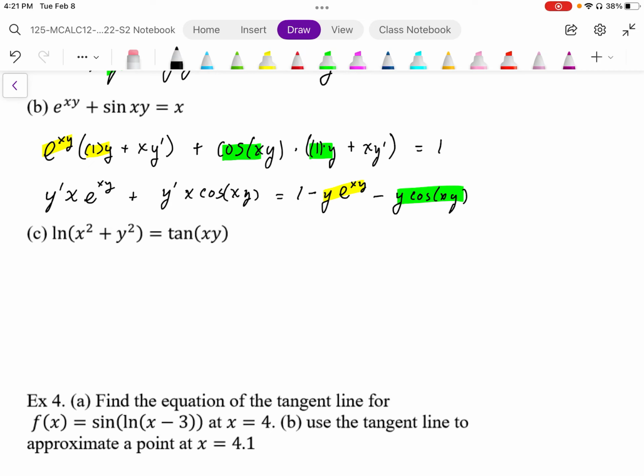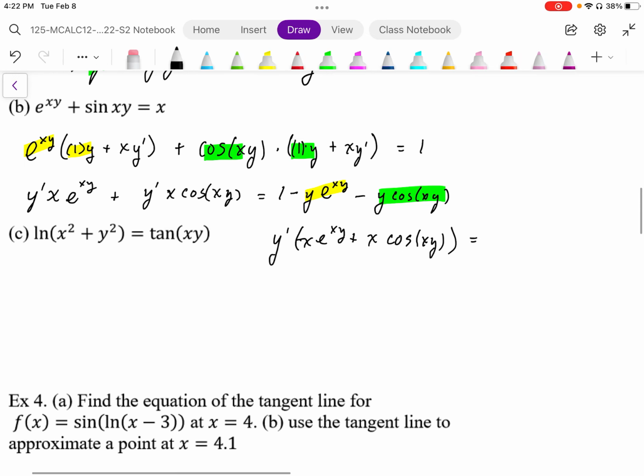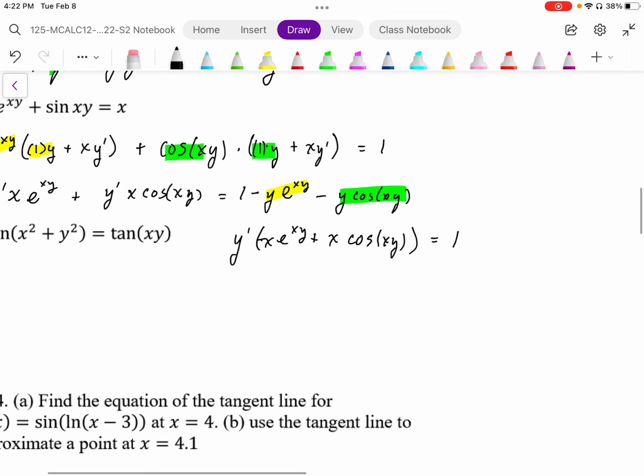Okay, so then I'm going to factor my y prime out. So y prime, and this becomes x e to the xy plus x cos xy. Again, we can see that there's a common factor of x in there. If we need to, we can always factor that out. I'm just going to leave that unfactored for now.